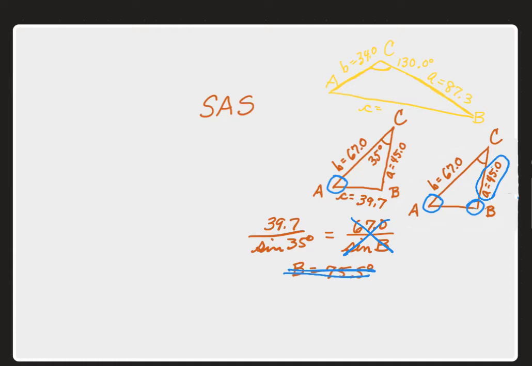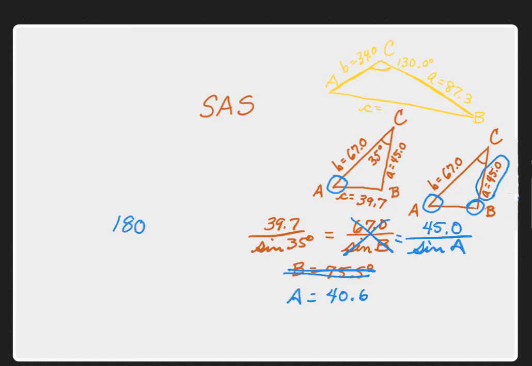Solving for that, we would set it up as 45.0 over the sine of A, and when you solve for it this way, what you get is A equals 40.6 degrees.